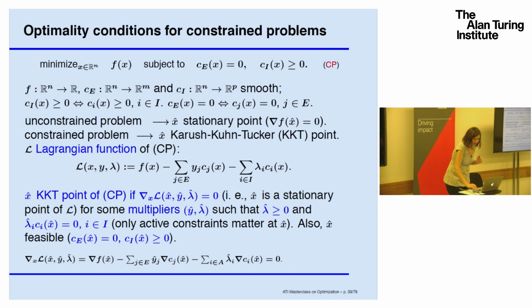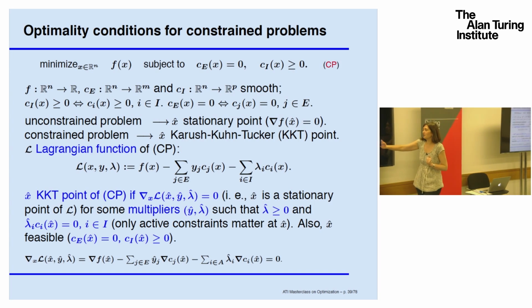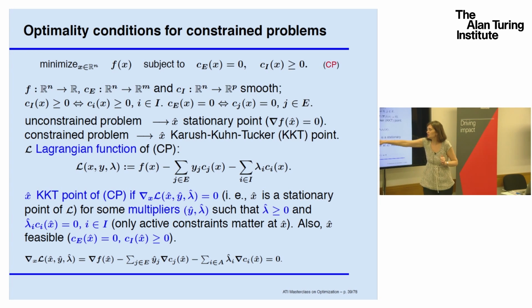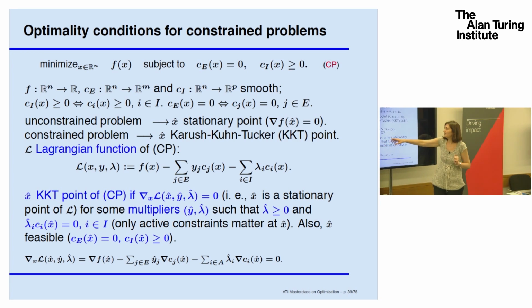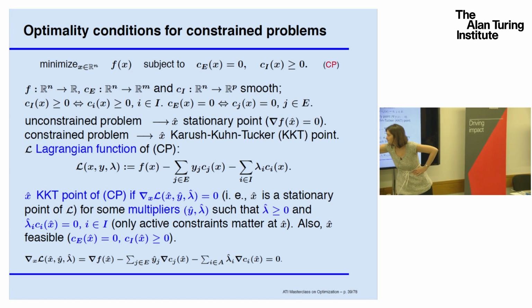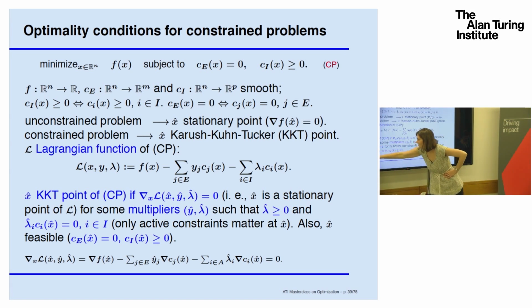And what you must have to secure a KKT point is not just stationarity, but also that only actually active constraints make a contribution in this term that relates to inequality constraints. We capture this by this property here, complementarity. This is only for inequality constraints.